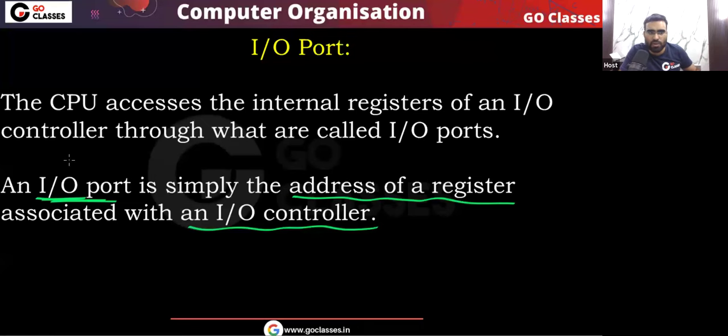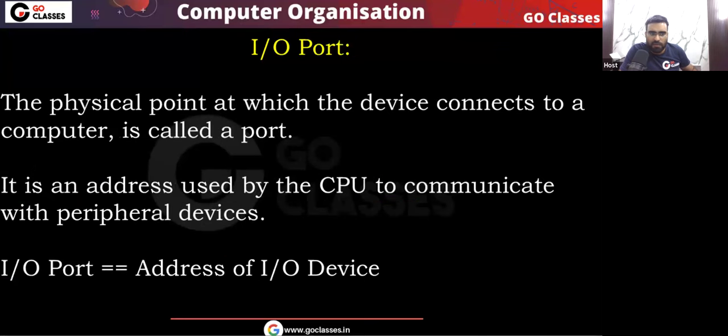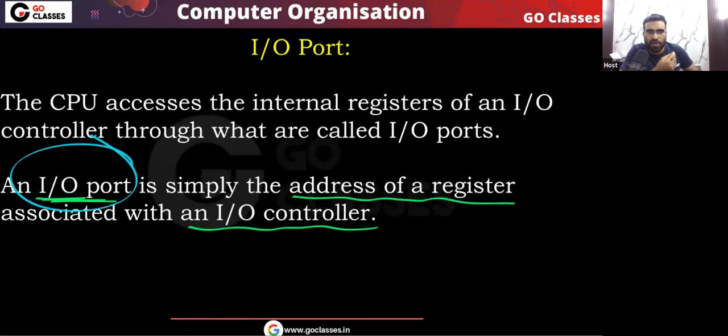The address of the register is called IO port. If you want the accurate definition, the IO port is the address of the register inside the controller.